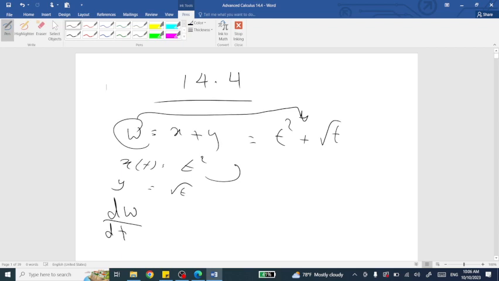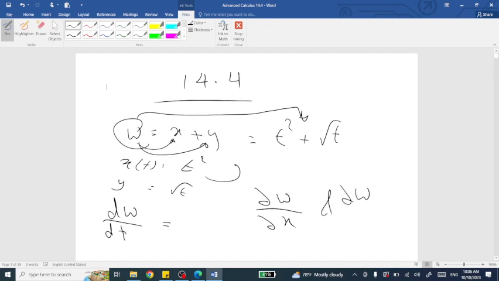But if I talk about w with x and y, I cannot say dw dx. At that time I should say partial w by partial x. Why? Because w depends on two things. Shall I repeat it for you? You got it here? Good.